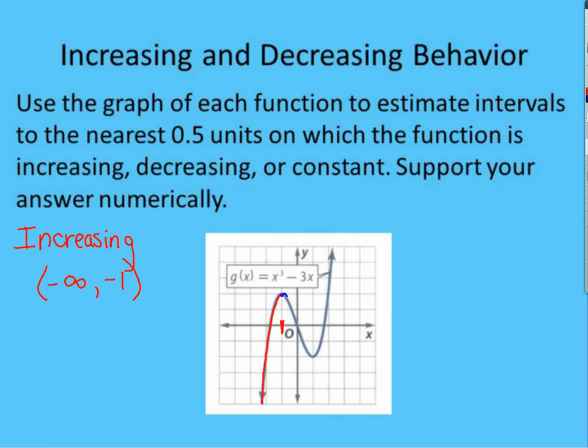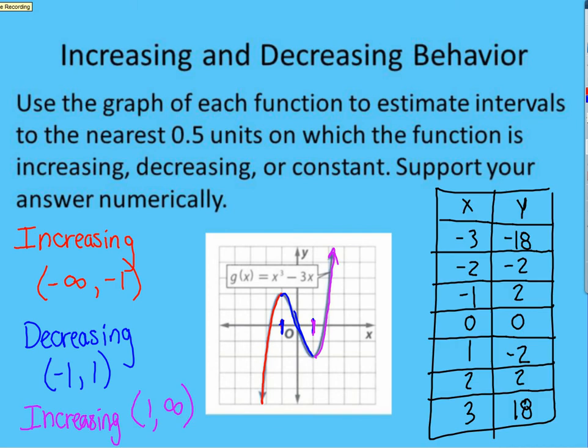Then from the x value of -1 until the x value of 1, our graph is going down, or it's decreasing. So we are decreasing from -1 to 1. These are the x values. Then we are increasing again from our x value of 1 and everything to the right, so from 1 to infinity.